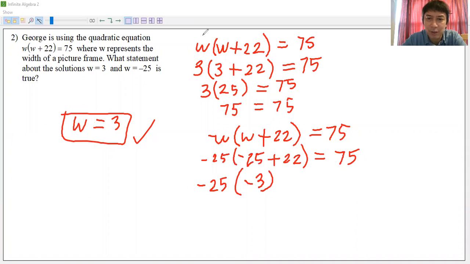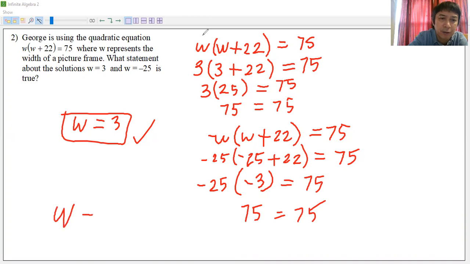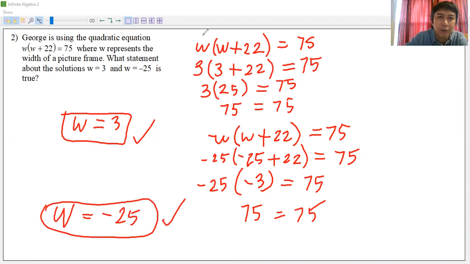And so this is 75 positive, which equates to the right side 75. So it is also correct at W equals 25. The question is, what statement about the solutions W equals 3 and W equals negative 25 is true?